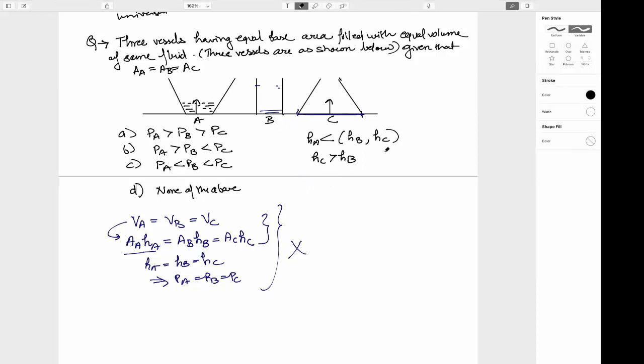Okay. So this gives me that HA, HB and HC are in the same way as PA, PB, PC. So the correct option to this is this. Okay.